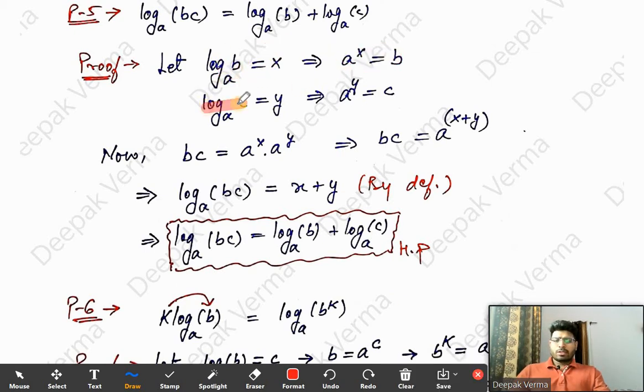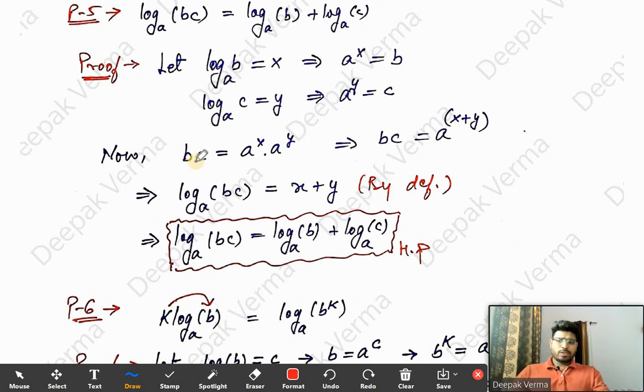Now log c base a, let's say this equals y. Now again convert to exponential form. This will become a to the power y equals c, like base to the power right hand side equals the argument. Is it clear?